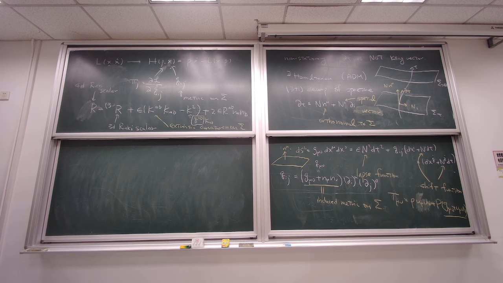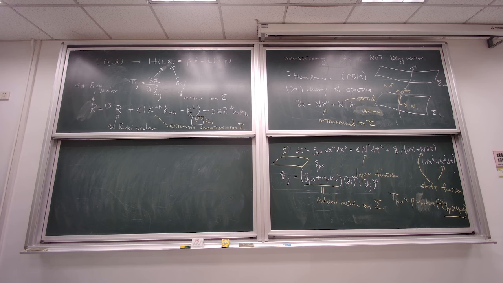So V is the four-dimensional spacetime d^4x. This is the Einstein-Hilbert action, and of course the cosmological constant is equal to 0.